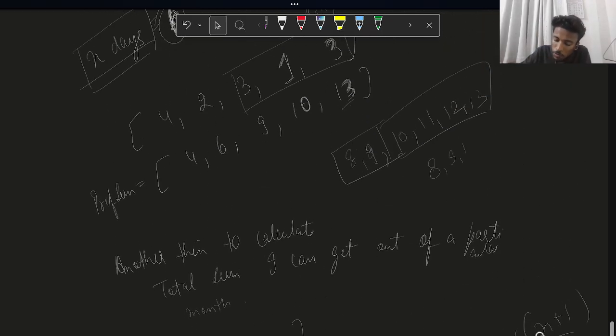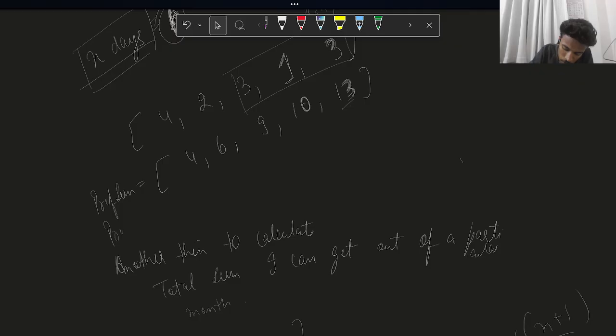So what does prefix sum 2 give? We can make another prefix sum, prefix sum 2, where we sum the total sum that each month can give.